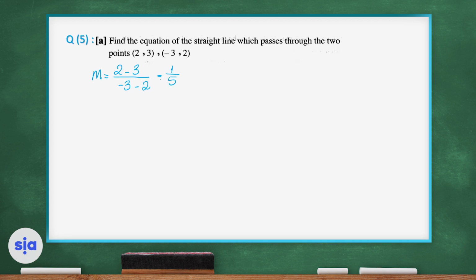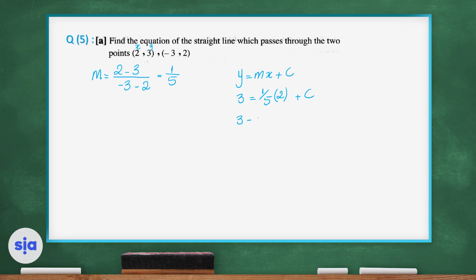You can pick any of the 2 points and make it as (x, y). Let's, for example, pick this point and name it as (x, y). We know that the equation y equals mx plus c, we replace the y by 3, equals m times x, which is 2, plus c.